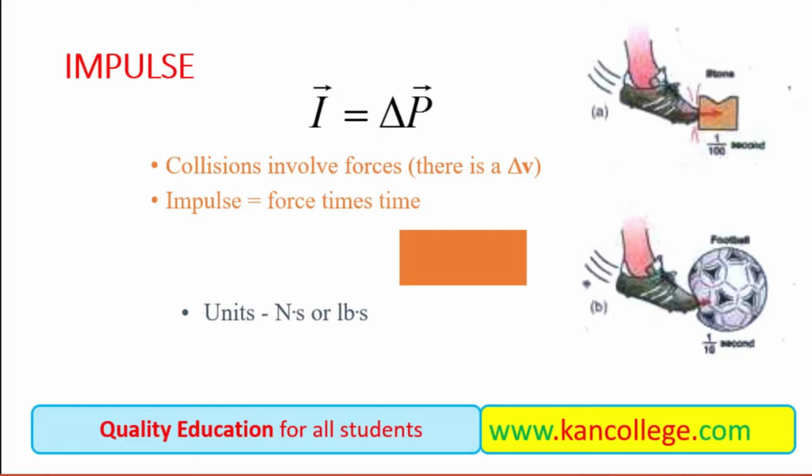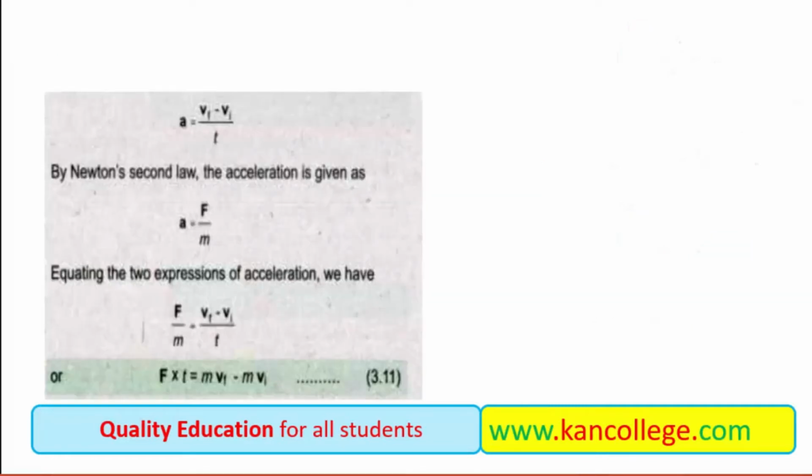The unit of impulse is Newton into second, as it is the product of force and time. Now we see the mathematical verification of the description presented in slide 1, that impulse is actually the change in momentum, or it is a product of force and time, and it is derived from Newton's second law.